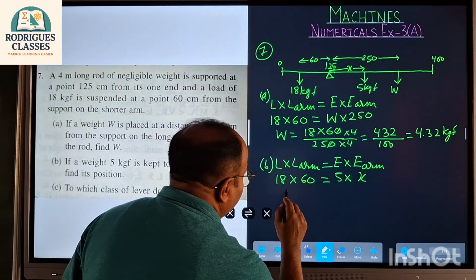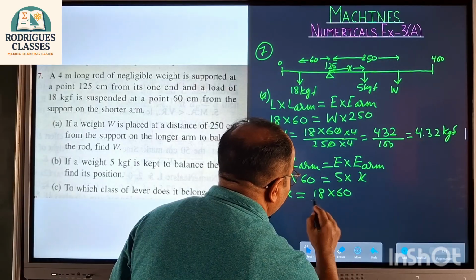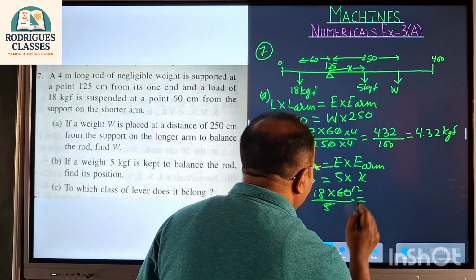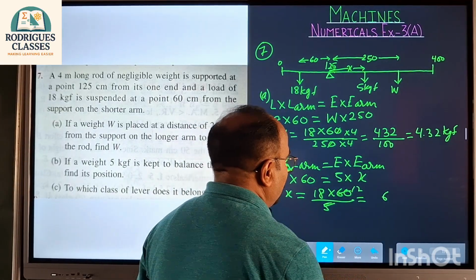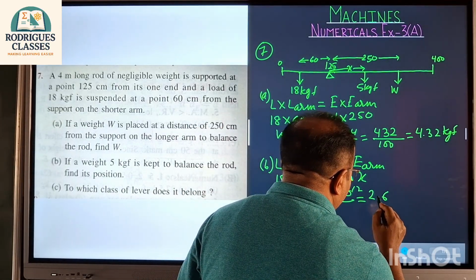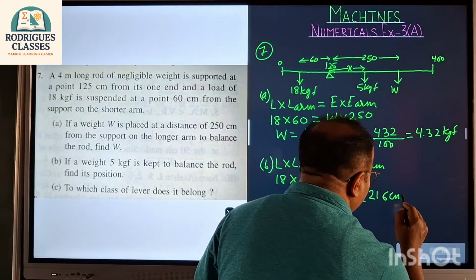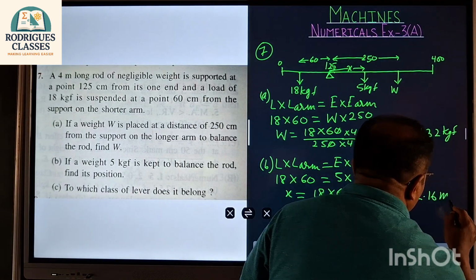So we calculate now: 18 into 60 by 5. 5 12s are 60, 12 8s are 96, and 9 12s are 108, so 216 centimeter, which I can write as 2.16 meter.